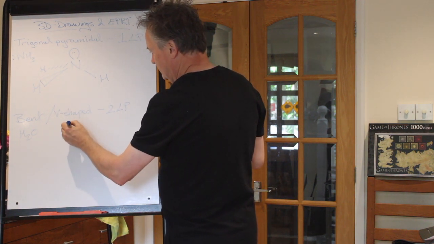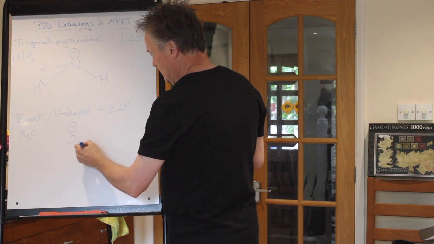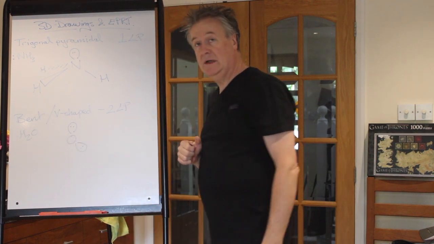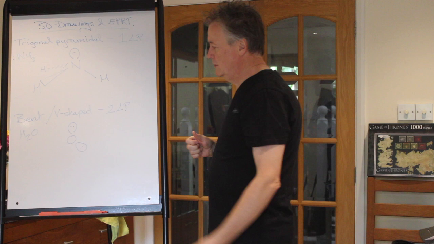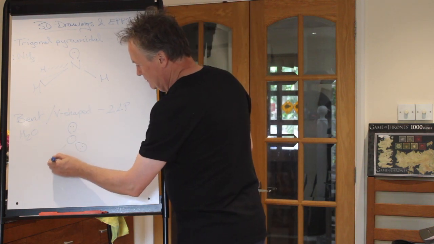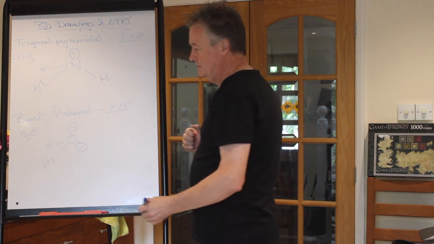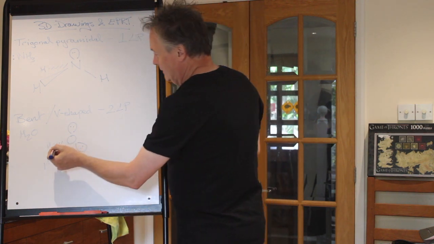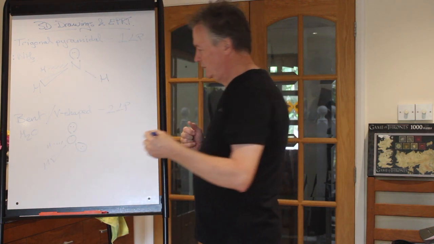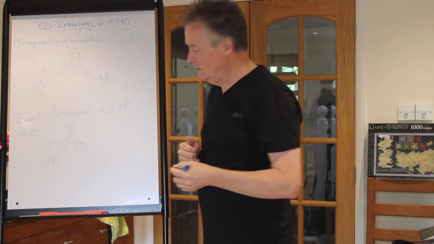You could put the lone pairs in the plane that you're drawing. That then means that that comes out there and that goes away there. We'll come to the bond angle thing in just a moment, in case you're thinking he's forgotten the bond angle.